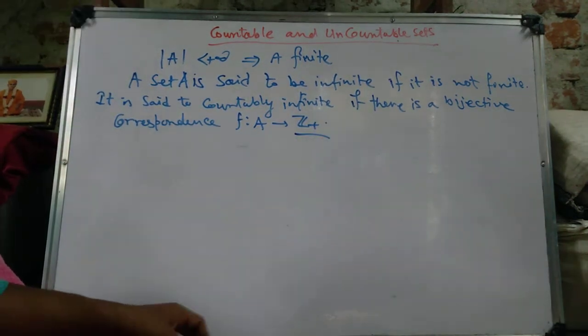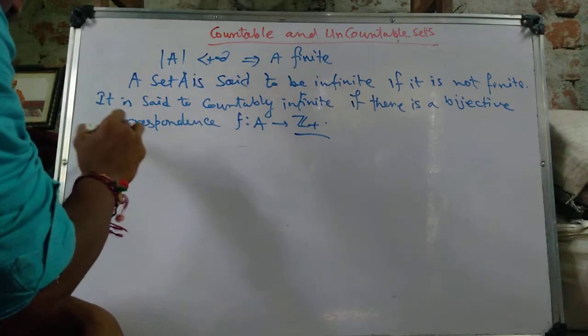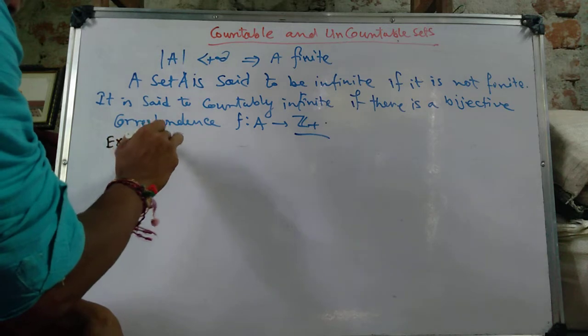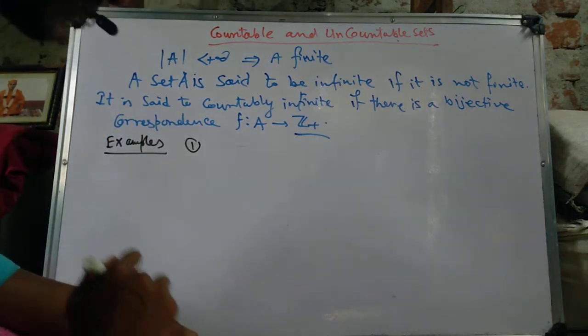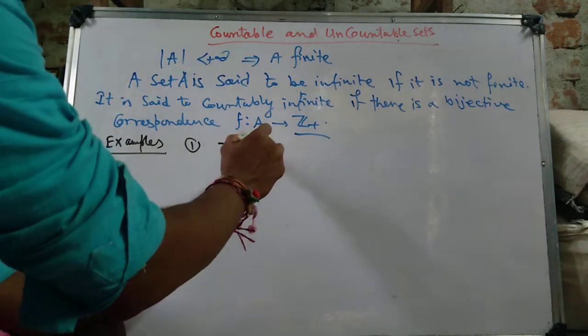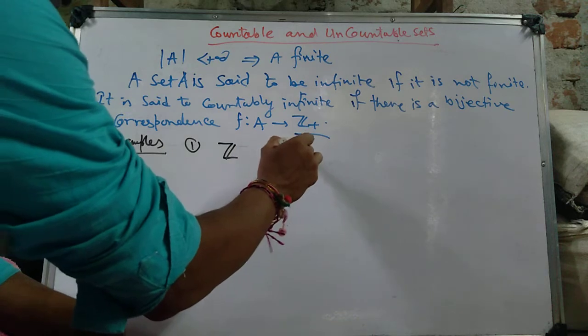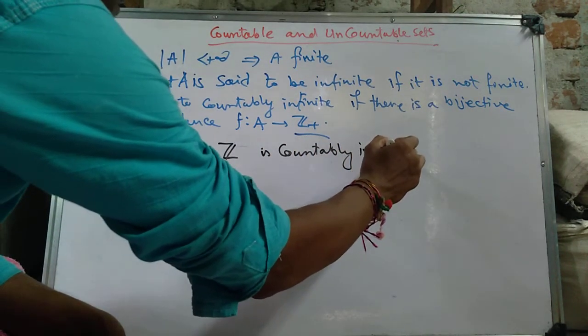Now we give some examples of countably infinite sets. First, the set Z of all integers is countably infinite. That means it is an infinite set, but countable.